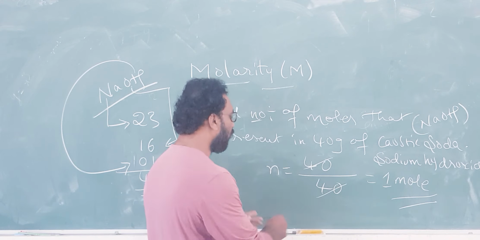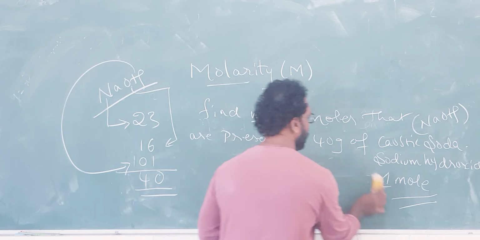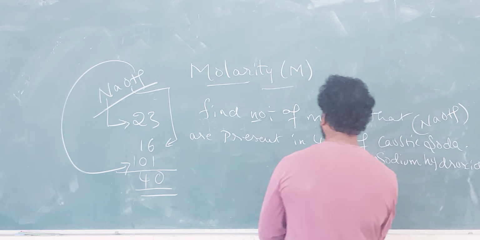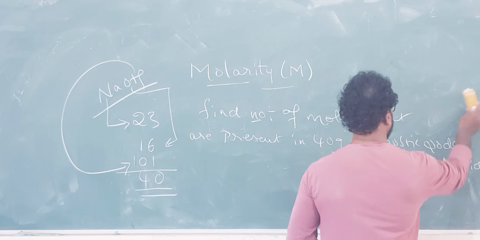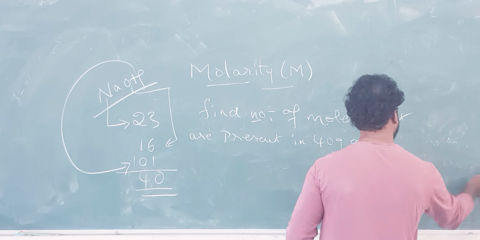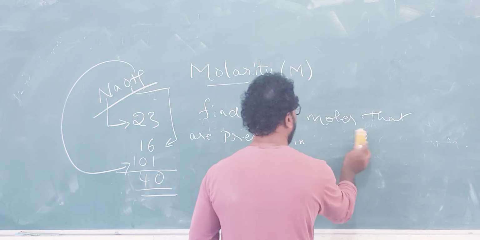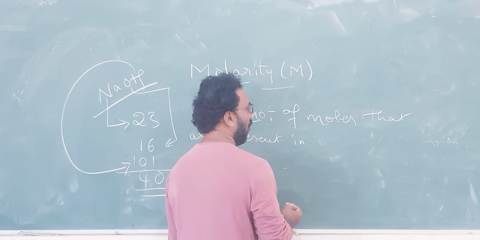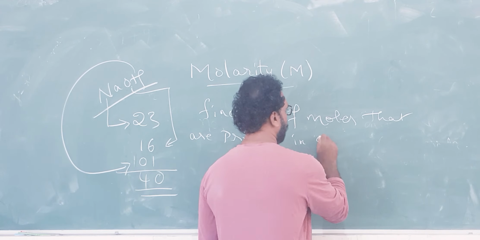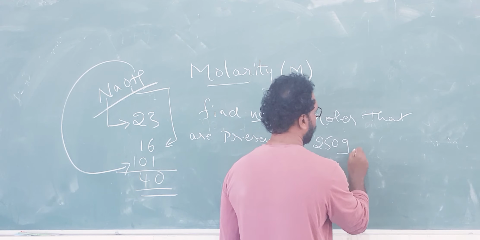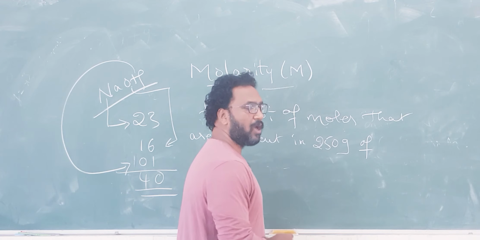Now similarly, let us go for another question, where I am going to change the numbers. For example, now you need to find the number of moles present in 250 grams of calcium carbonate.